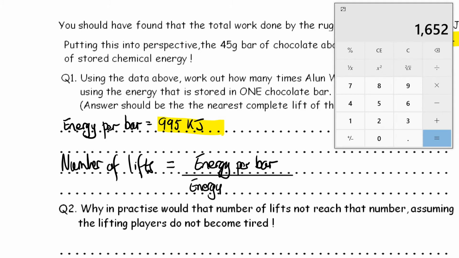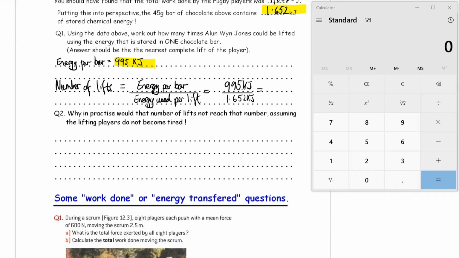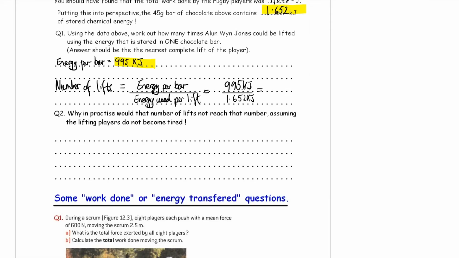Energy used. Just add in the energy per bar, 995 kilojoules, and the energy used per lift, 1.652 kilojoules.